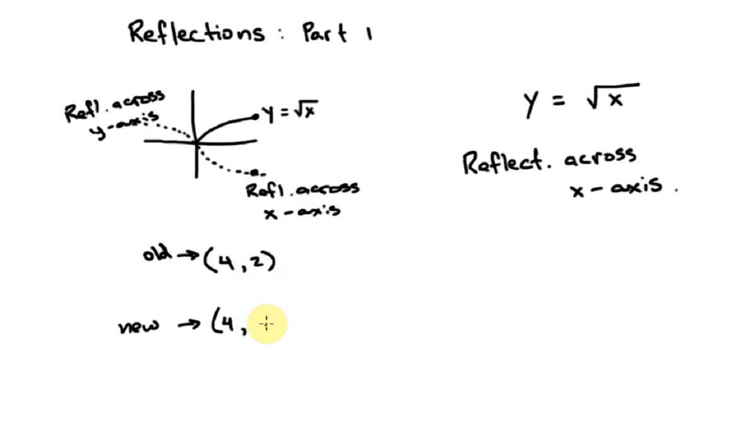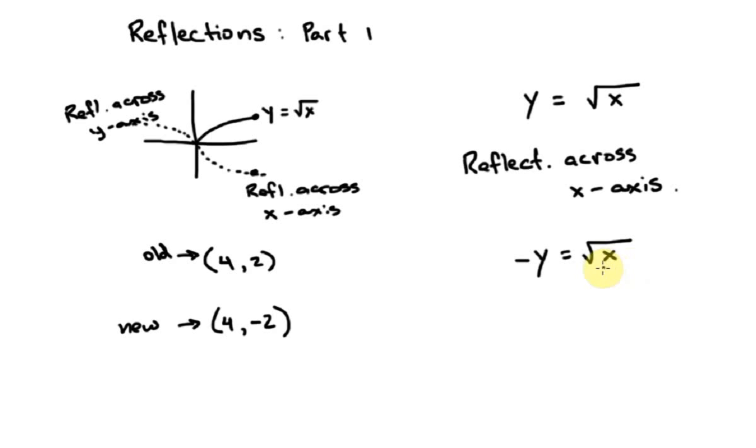We just want to take the y value and change the sign on the y value. That would have the effect of taking (4, up 2) and now going (4, down 2). So you really want to just take your y's and put a negative sign in front of them, and keep all the rest the same.